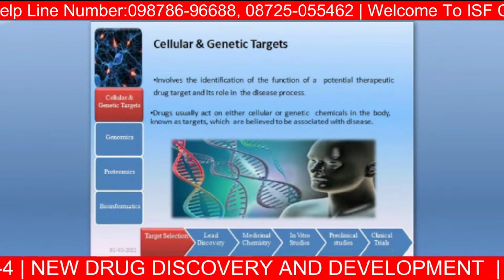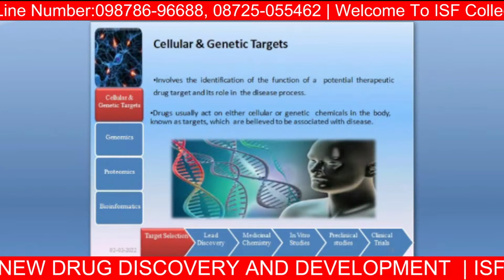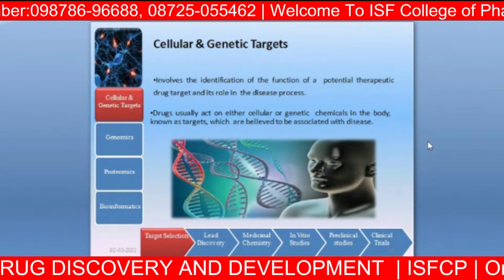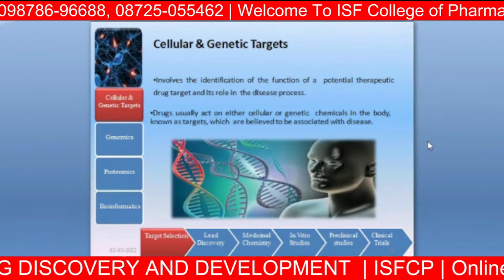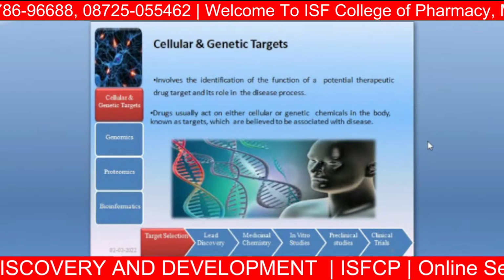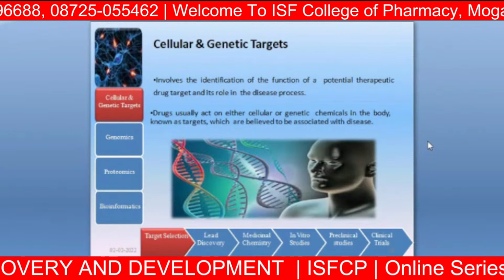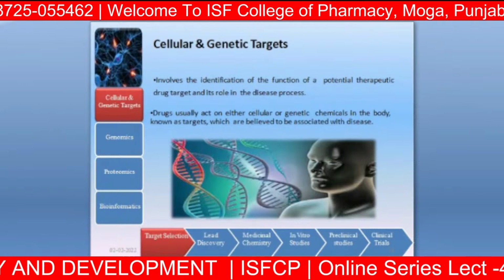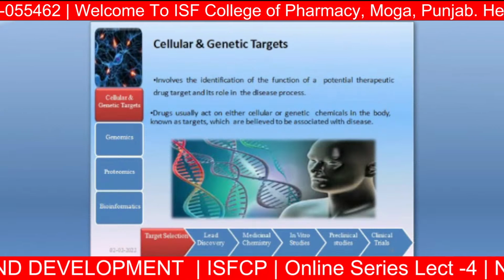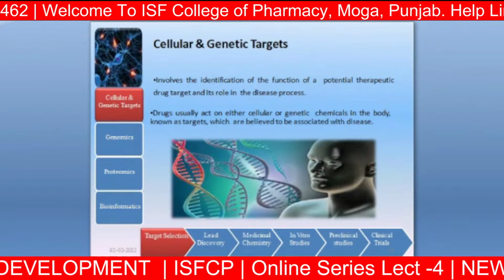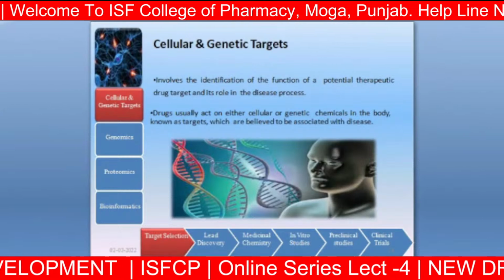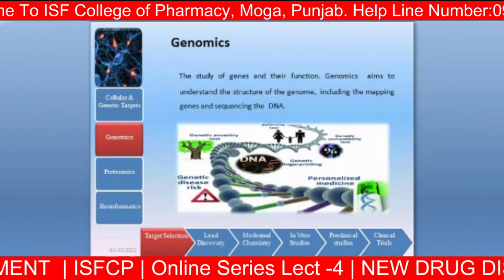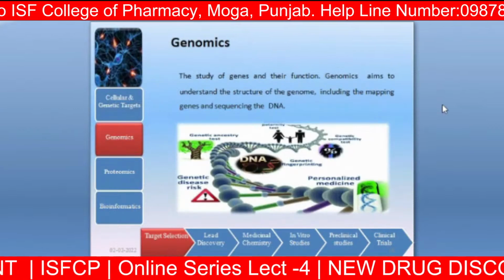So the genetics part also plays an important role in the progression of a disease. Drugs usually act at either the cellular or genetic level, on chemicals in the body and known set targets which are believed to be associated with the disease. As you can observe, the DNA moiety is also there. When that particular moiety is active at a particular site, it gives a specific pharmacological action.